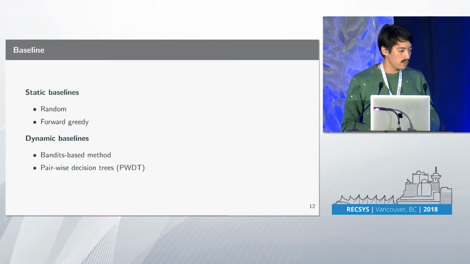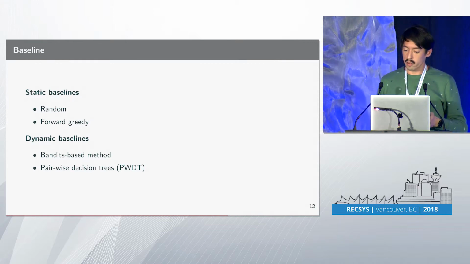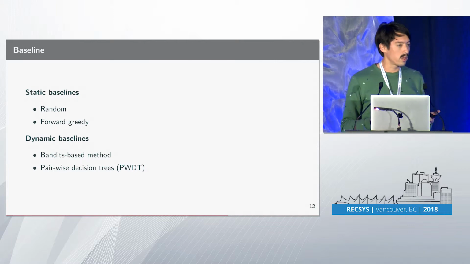Then to do that, we have a few baselines. So as I understand, the authors are the first to propose a preference elicitation method that creates a static questionnaire containing relative questions. So in prior work, there were dynamic questionnaires and/or absolute questions, but not in this particular configuration. So there were no directly suitable baselines.